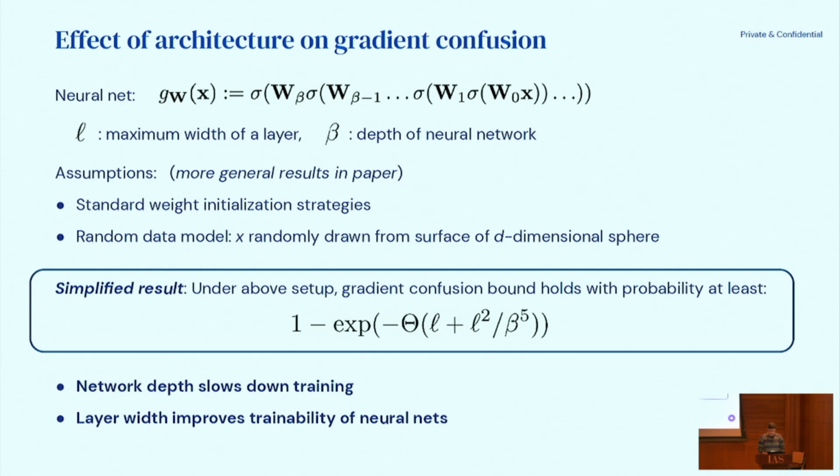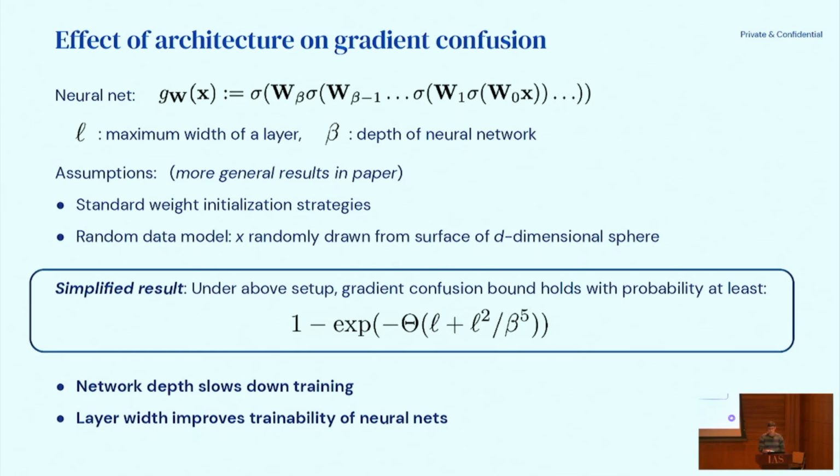Under this setup, we can prove a concentration bound, which shows that the gradient confusion bound holds with probability at least this expression. And the key thing to note here is that the probability of the gradient confusion bound holding decreases as the depth increases, and the probability increases as the layers get wider.